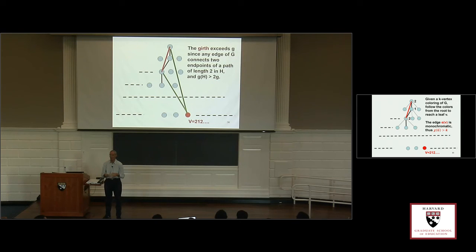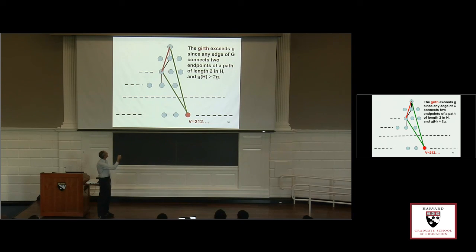And then the fact that the girth is big is obvious, because each one of these red edges came from two green edges in our graph. So if we had a short cycle of red edges, we would have a cycle of twice that length with green edges, but we assume that there is no such cycle.